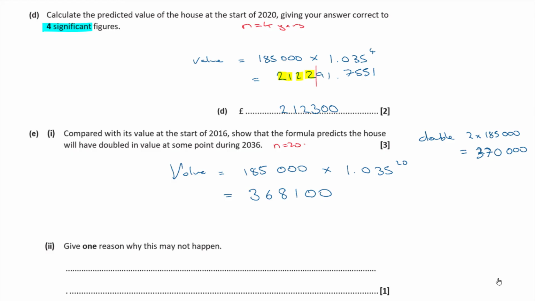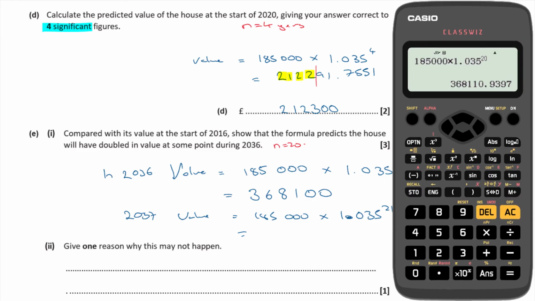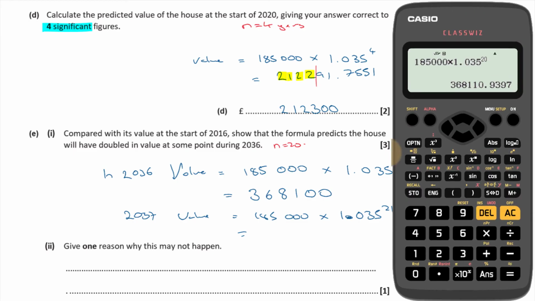So that's in 2036. Now in 2037, the value is going to be 185,000 times 1.035 to the 21, so I'll just change that, 185,000 times 1.035 to the power of 21.